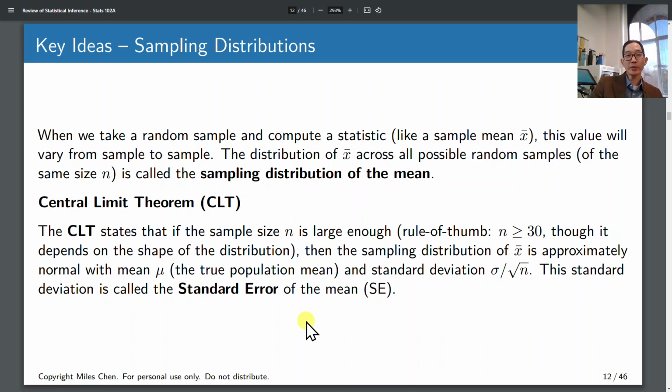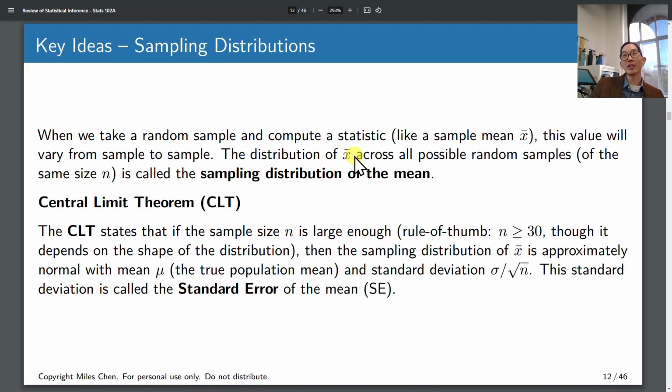When we take a random sample and compute a sample statistic, like the mean of a sample, that value is going to vary from one sample to another. So think about the different values of X bar that you can get across all of the different possible random samples out there.